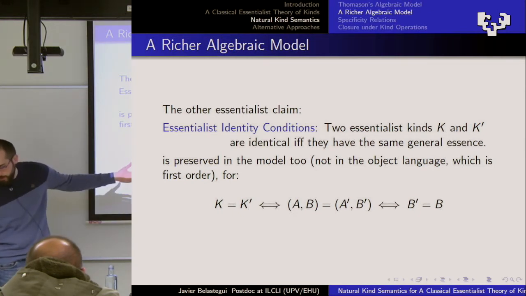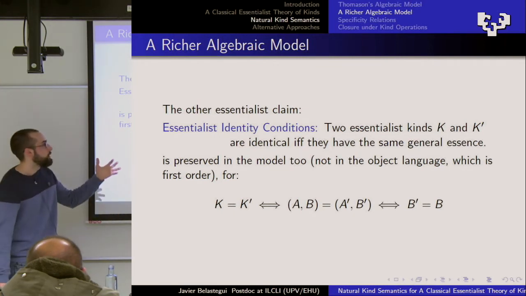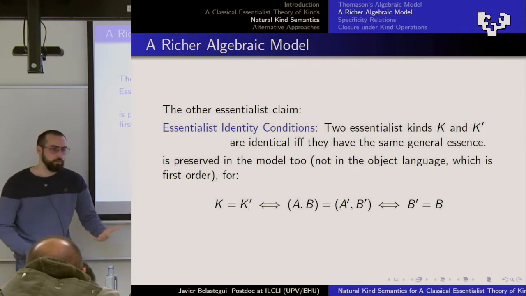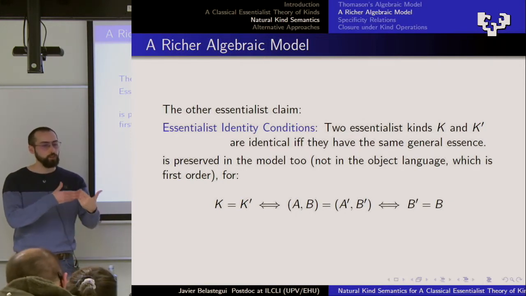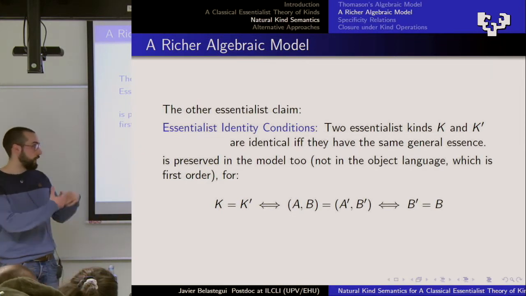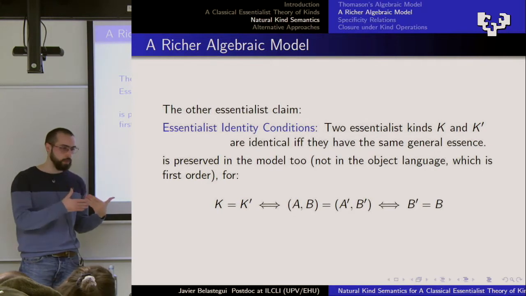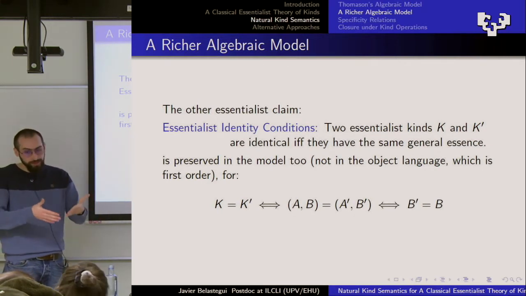In this sense, it is like saying that classical predicate logic gives you extensional identity conditions for properties. There's nothing you can say inside the logic because you are not quantifying over properties in the one-sorted case. But the semantics tells you that two predicates that correspond to the same set of objects basically denote the same property.